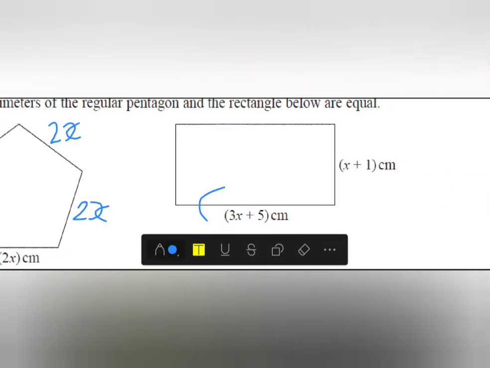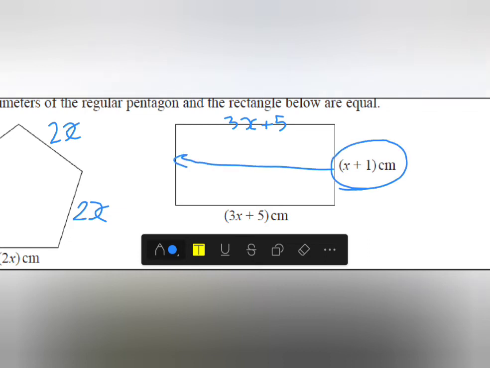This side here is the same as this one. So we write the same here, which is what? 3x plus 5. Same idea for this one with this side. So we write x plus 1. Very good. Now, this is the first step, labeling every side.